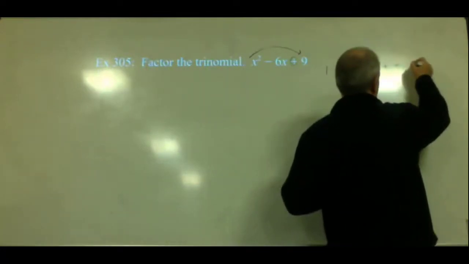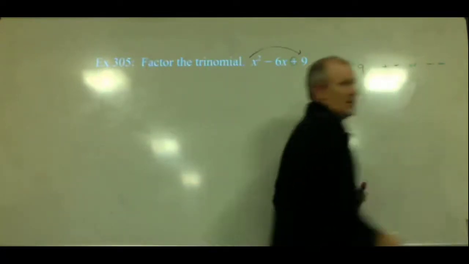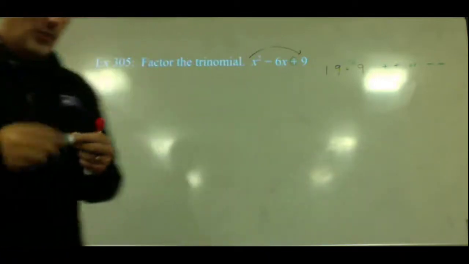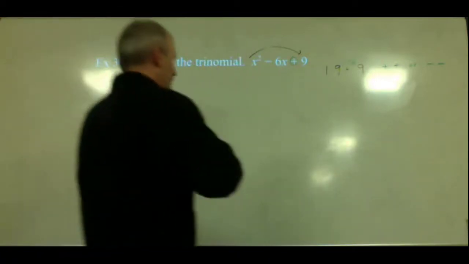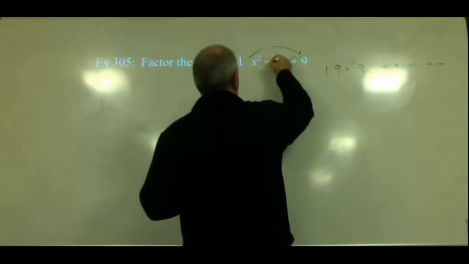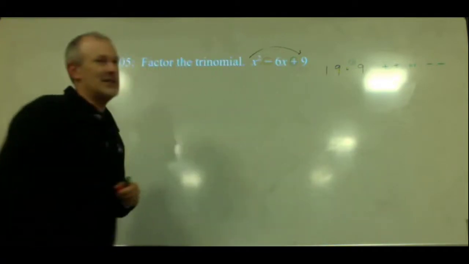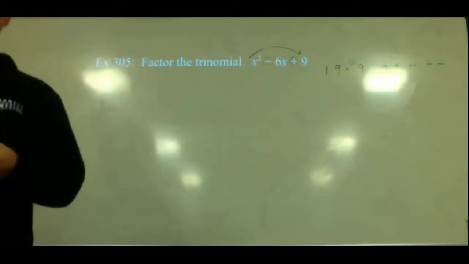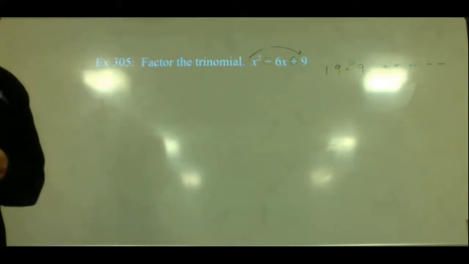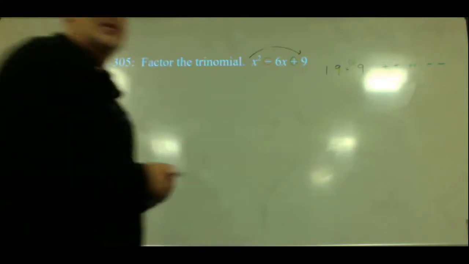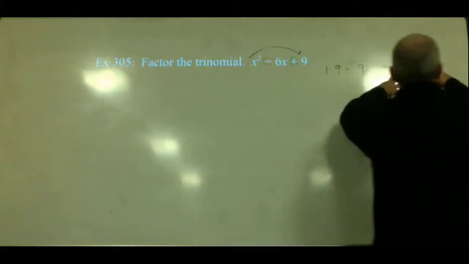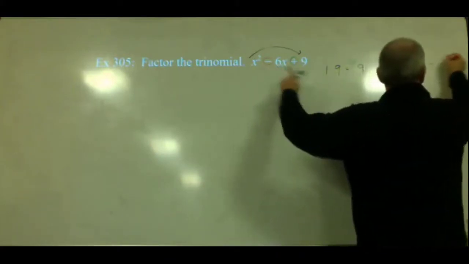Yes, it tells us they're the same. Then, once we know they're the same sign and they add up to be -6, it tells us that they are both what? They're both negative. If you know they're the same and you're adding them up and they get a negative answer, they both have to be negative.